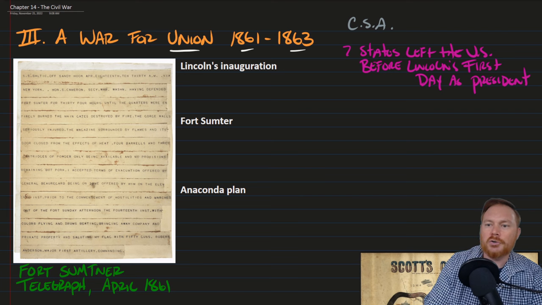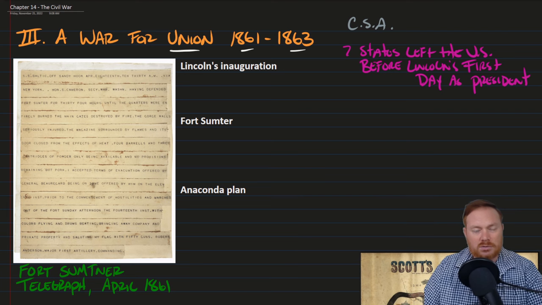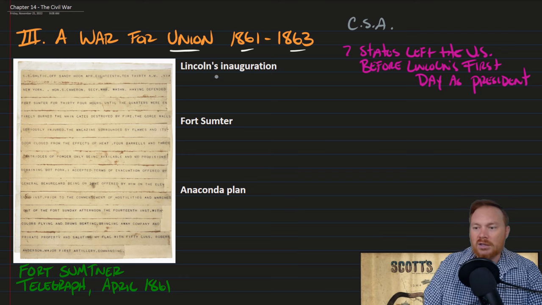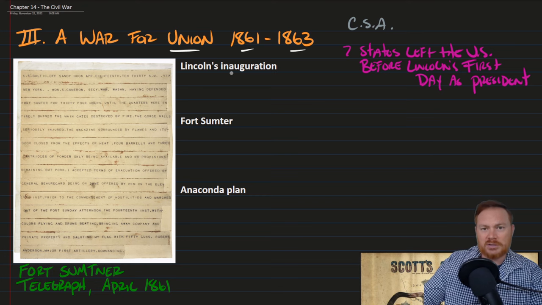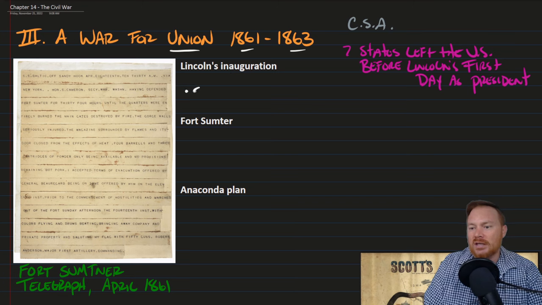So when it was said earlier that Lincoln had faced a task that was greater than the task faced by Washington, they weren't kidding. You can imagine coming in first day on the job, welcome to the presidency, Abraham Lincoln, 7 states are gone. What are you going to do about it? Lincoln, in his inaugural address, the inauguration is when the president is brought in. They usually give a speech. He had stated that secession is illegal.